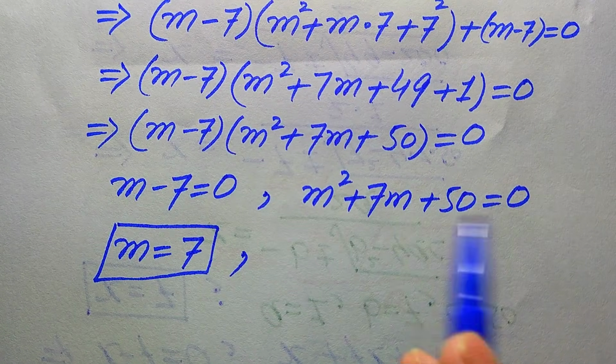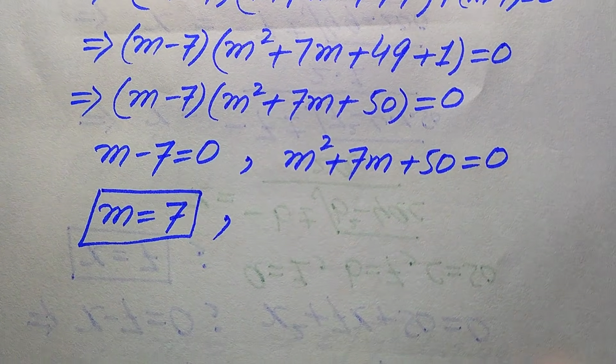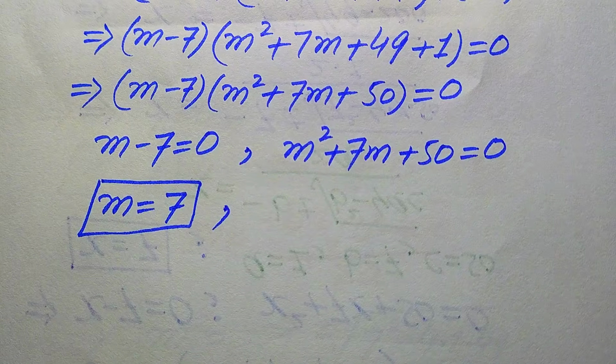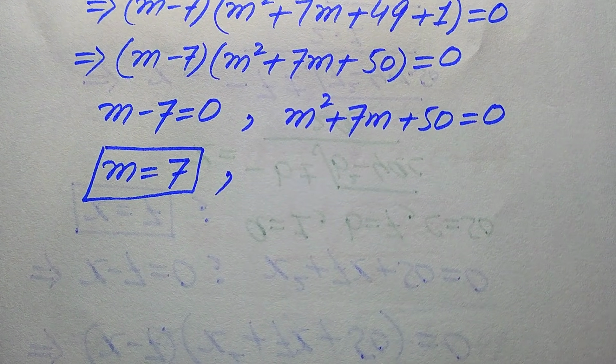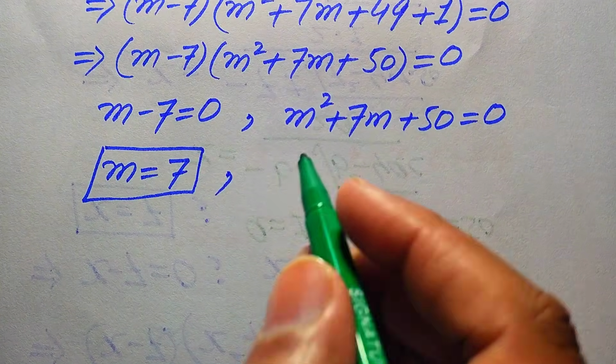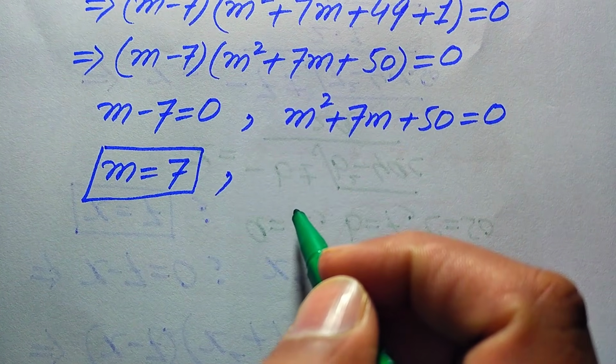This is a quadratic equation, and we know there are three methods to solve a quadratic equation. The first method is factorization, the second is the quadratic formula, and the third is the completing square method. But here we use the quadratic formula to find the roots.